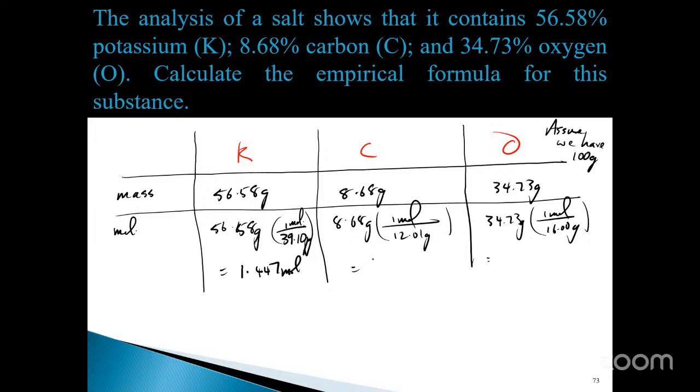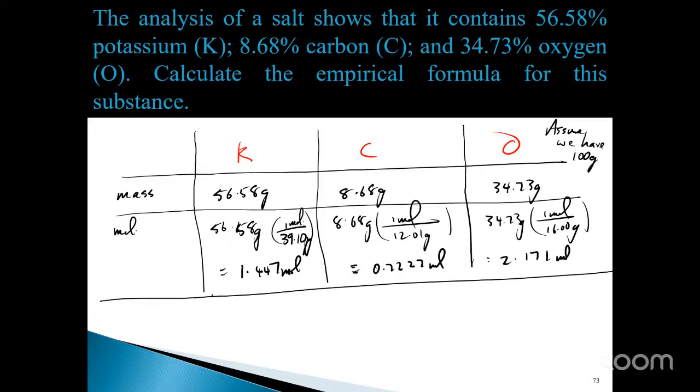Then I'll do the calculation for the carbon, which is 8.68 divided by 12.01, and this works out to be 0.727 moles. And in the case of oxygen, 34.73 divided by 16 works out to be equal to 2.171 moles, right? So that's how we get the moles for each of these masses.